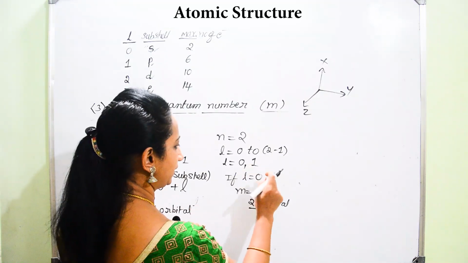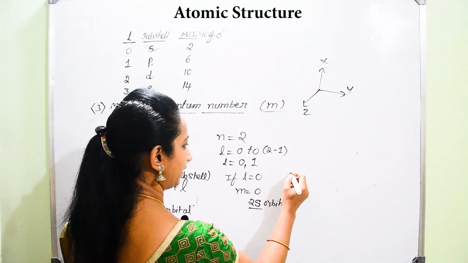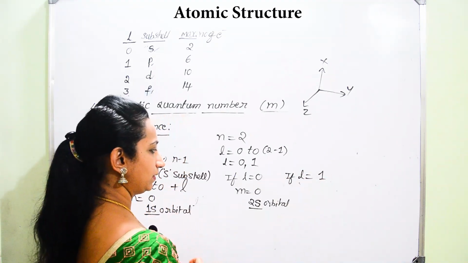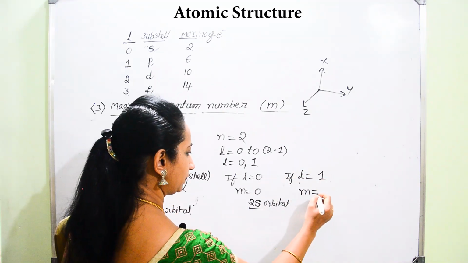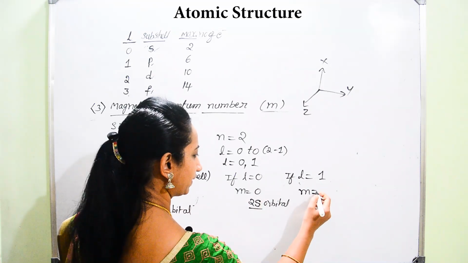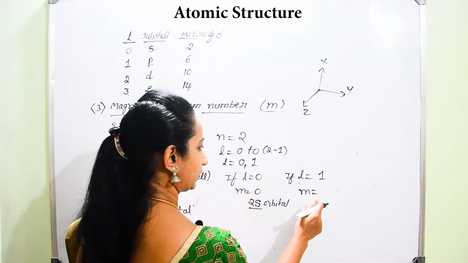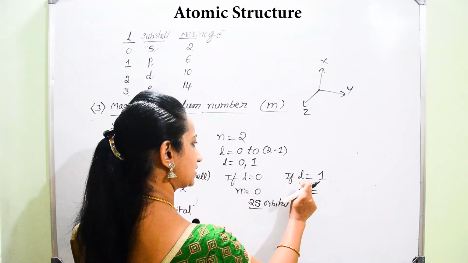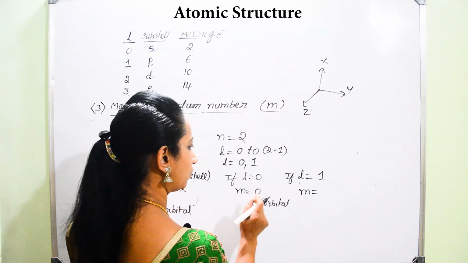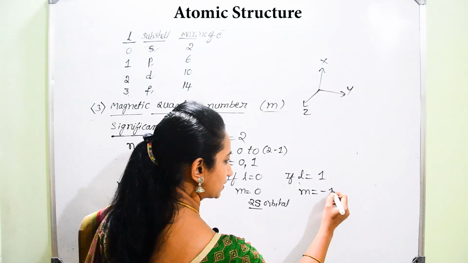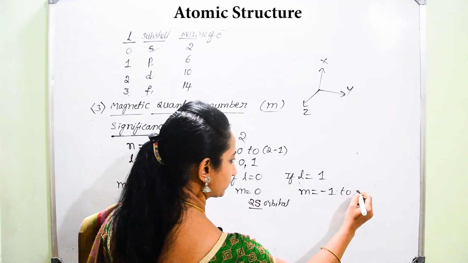Then in case, if L is equal to 1, then m is equal to, let me write here, it is belonging to the second energy level only, but the subshell is L is equal to 1 that we are writing. Therefore m value varies from minus L to plus L, that is it varies from minus 1 to plus 1.